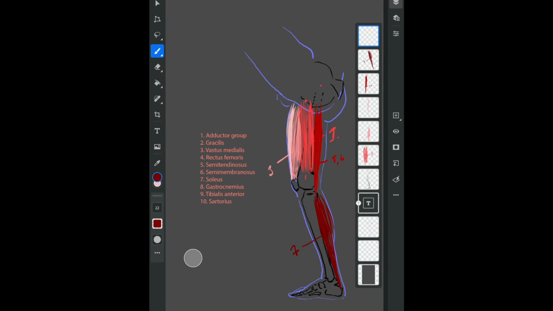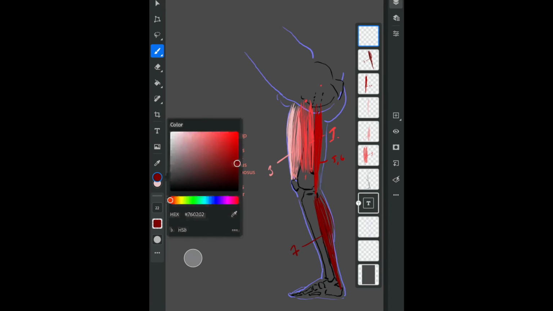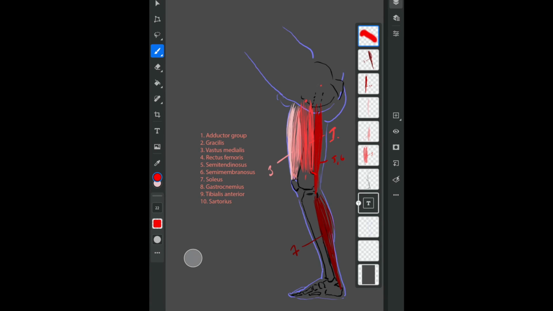And then sitting on top, we have the gastrocnemius. Let's work a little brighter here. So gastrocnemius starts at the condyles of the femur. So it's going to start here. In fact, this needs to sit on top like this. So here's the gastrocnemius, like this.